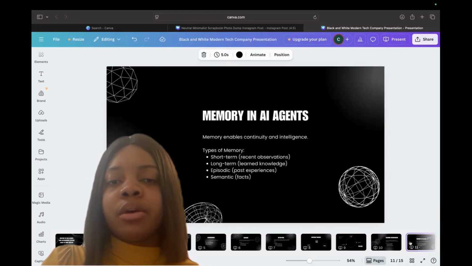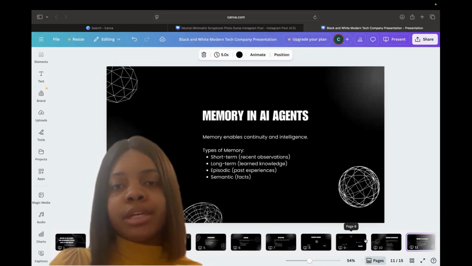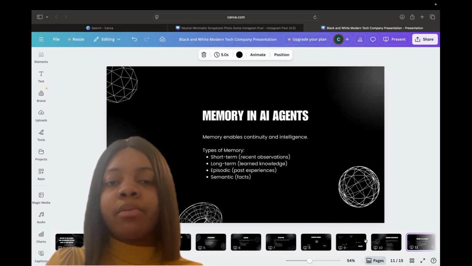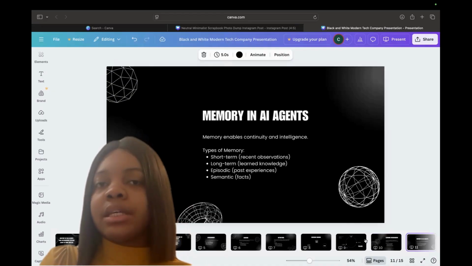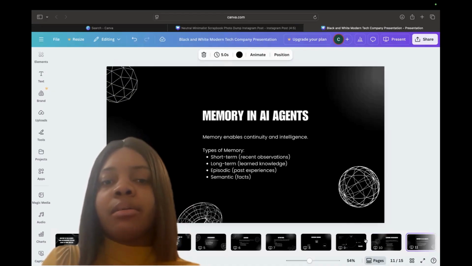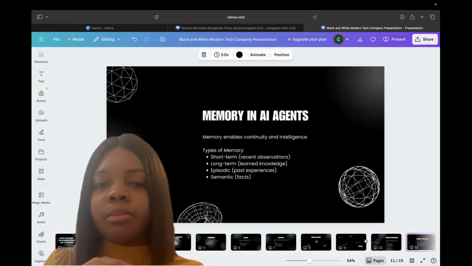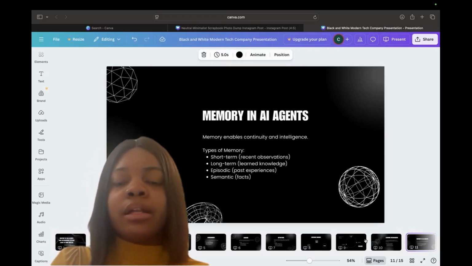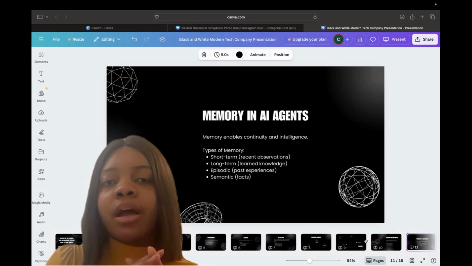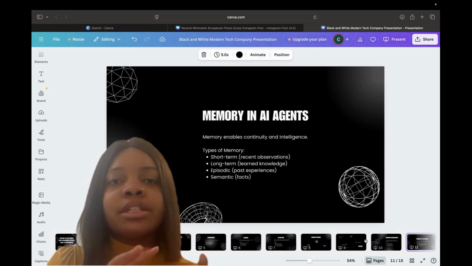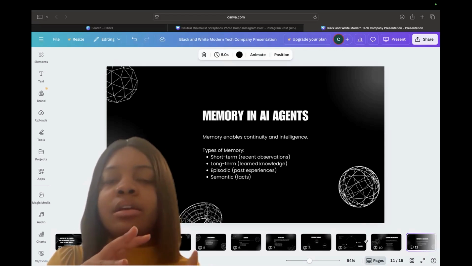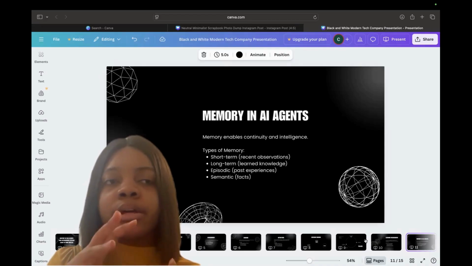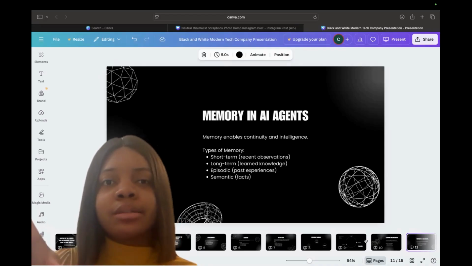So we'll talk about memory in AI agents. Memory enables continuity and intelligence. There are different types of memory: short-term memory, long-term memory, episodic memory, and semantic memory. These memories help to keep previous conversations intact, whether from 10 or 15 minutes ago, or conversations you had about 24 hours ago.